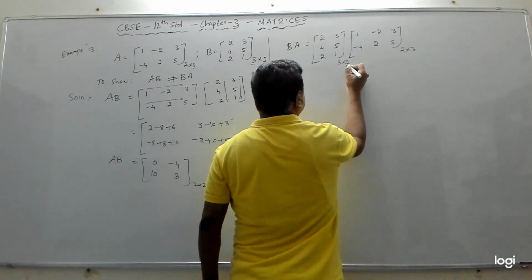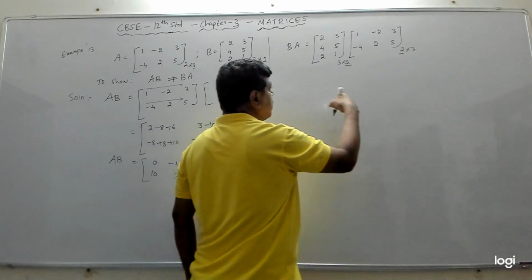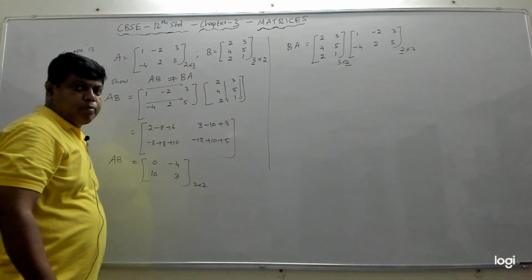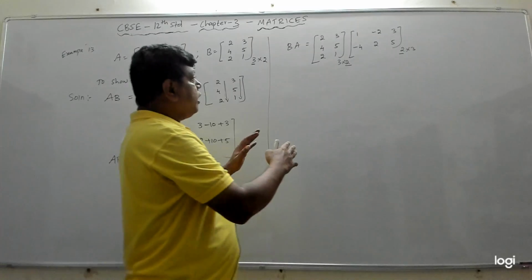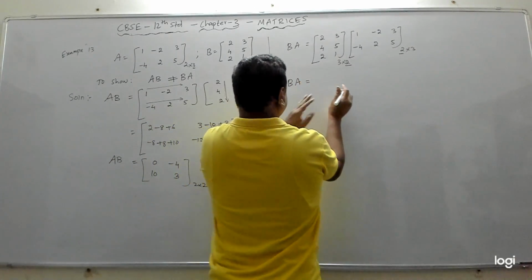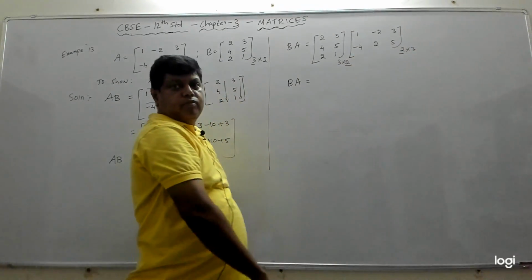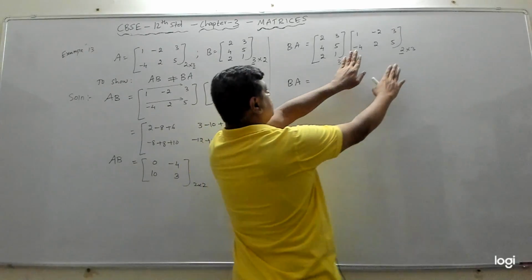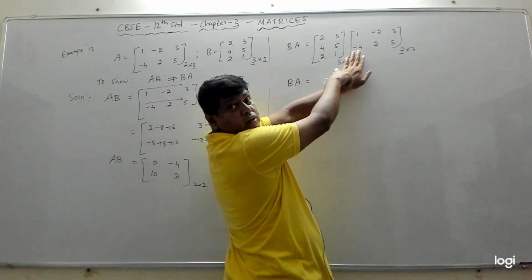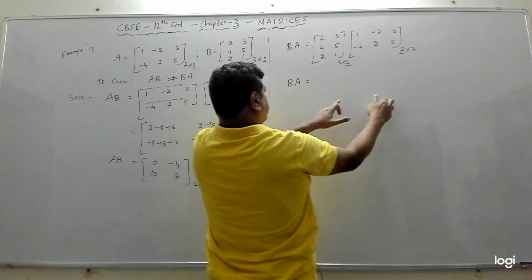So the number of columns of B is matching with the number of rows of A. Therefore, we can perform the multiplication B into A. The resultant BA matrix order will be, if you close these two, 3 cross 3.